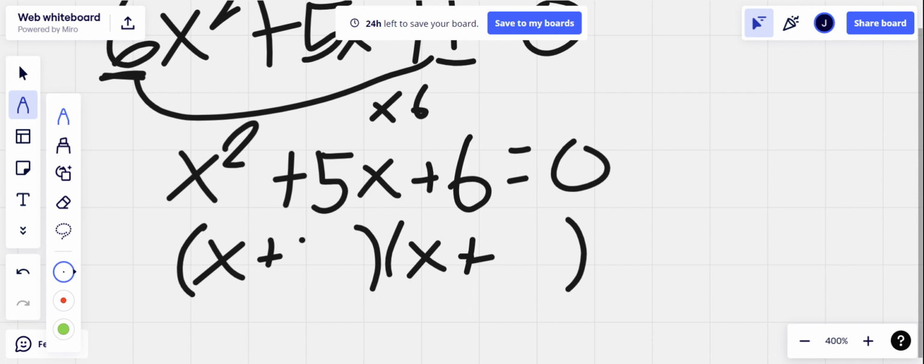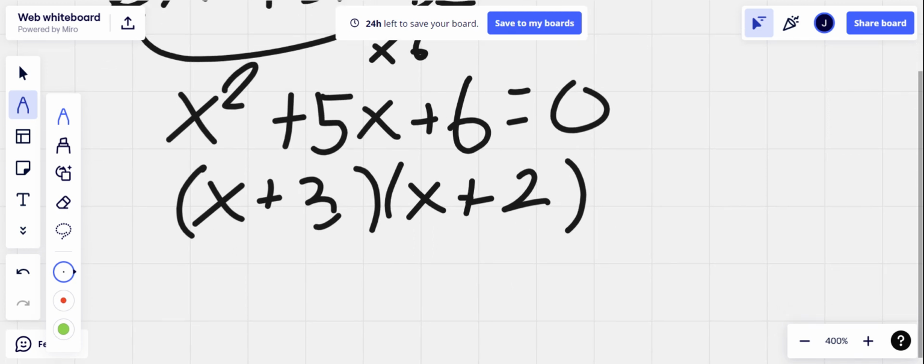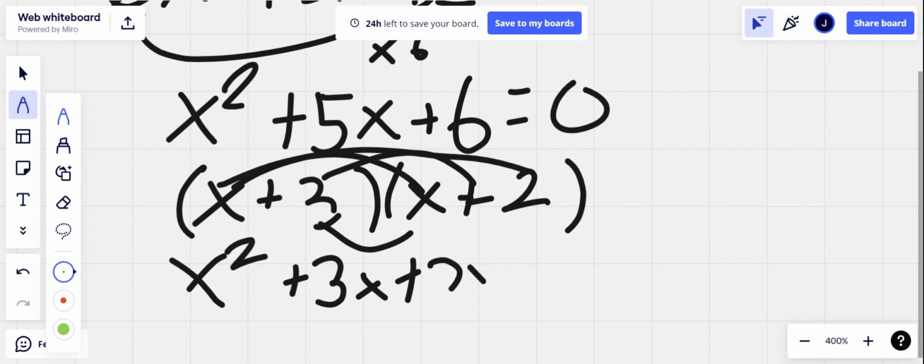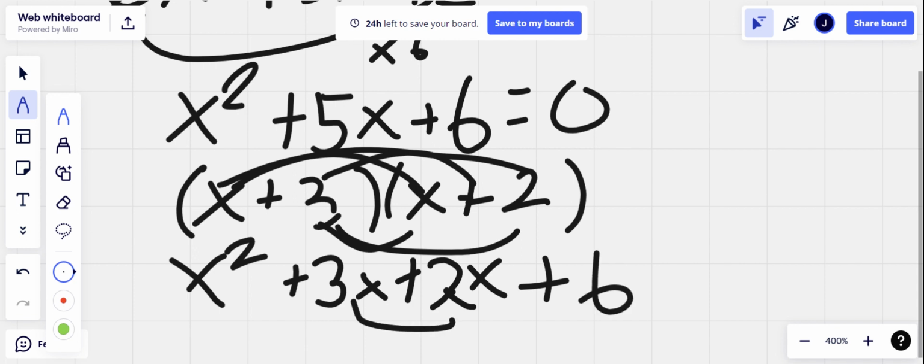If I do 3 and 2, 3 times 2 equals 6. And if we check it, let's multiply it out. We've got x squared plus 3x plus 2x plus 6. Add those together, and I get my 5x.